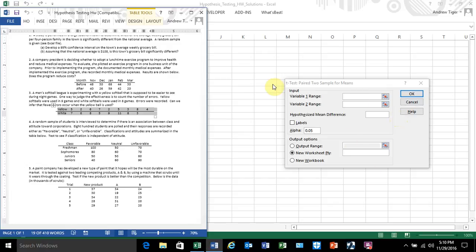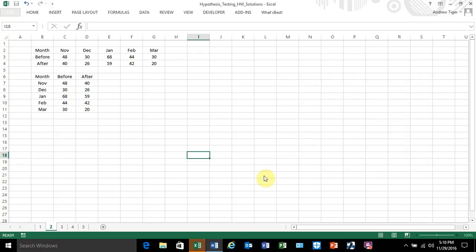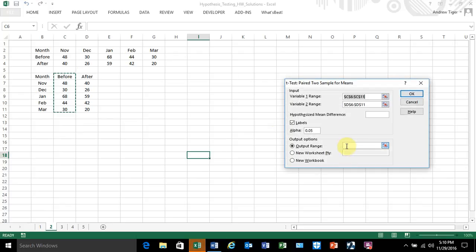So I'm going to grab the higher one, which would be the before, and then variable 2 is the after. I have labels, and I'll put the output range here.